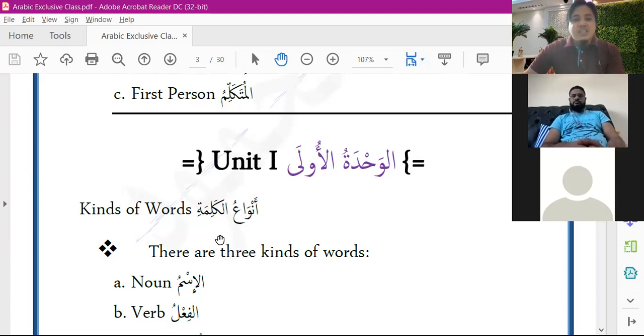So kinds. Al-kalima is word. Actually, it is translated here as words. Words is plural, and al-kalima here is singular, so it is supposed to be al-kalimat: meem, then alif, and then an open ta at the end. Al-kalimat is the plural of the word al-kalima. Anyway, we will take that later on, inshallah.